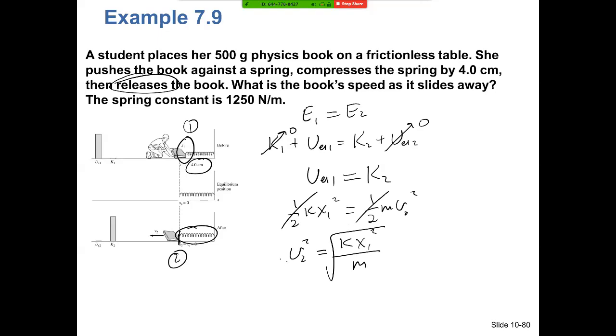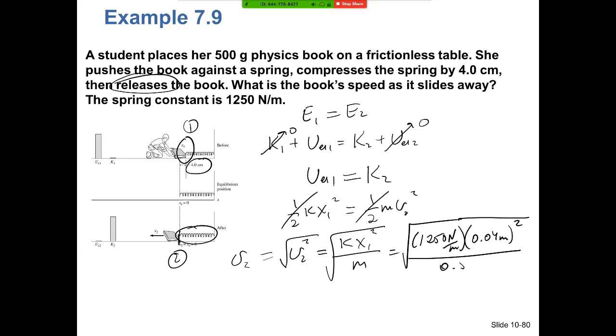Then I take the square root of both sides: v2 equals the square root of 1250 newtons per meter times 0.04 meters squared, divided by the mass of 0.5 kilograms. If I do that, I get a speed of 2 meters per second.